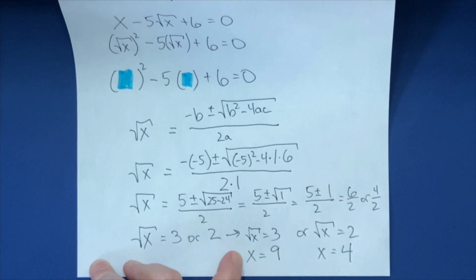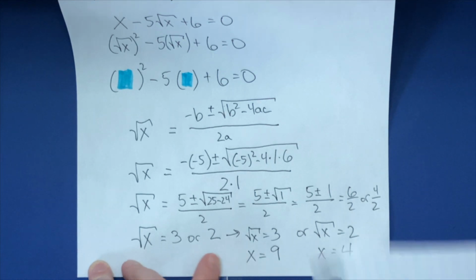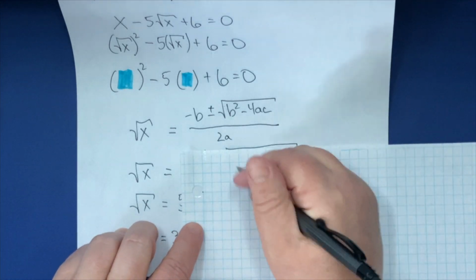But we know something. And what do we know? We know that whenever we square stuff, we end up creating answers. So sometimes we're going to have extraneous answers. Might both of these work? It's possible. Seems likely we should probably check them though, right? Yeah. Okay, so let's go ahead and check.